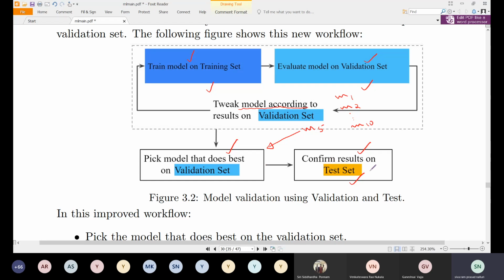The test set is used to select the model finally.